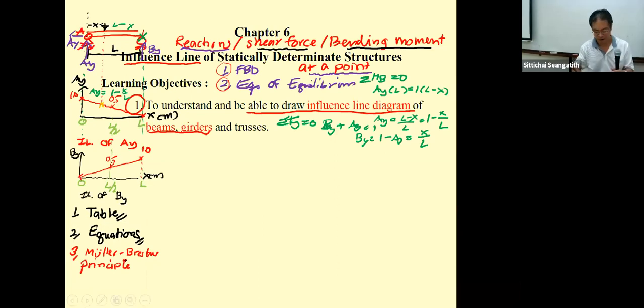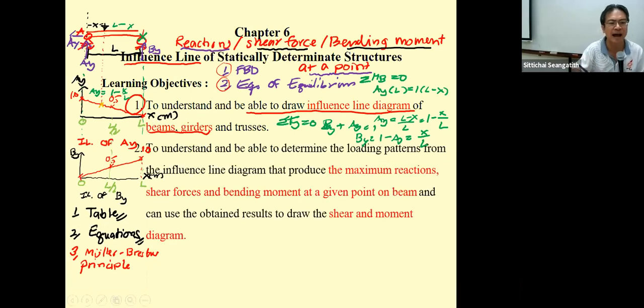Then the second, after you get the influence line diagram, the next step will require you to determine the loading pattern for the influence line diagram. For example, for this beam, the influence is always positive.